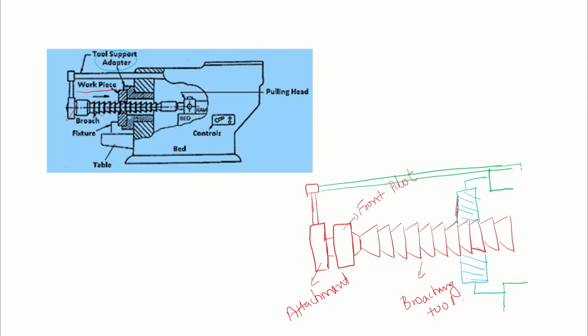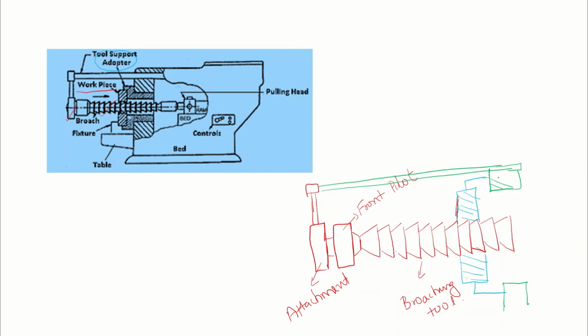Now the arrangement makes sense. This is the tool and workpiece, everything is attached. So the workpiece is there, and it is supported with the help of the tool support adapter.